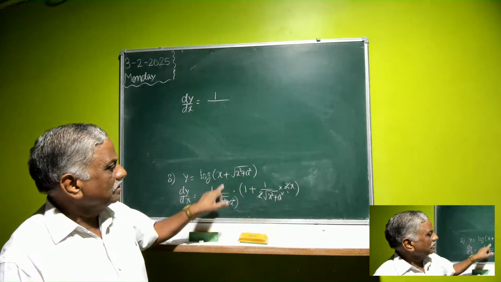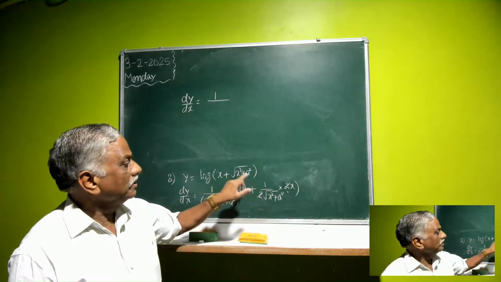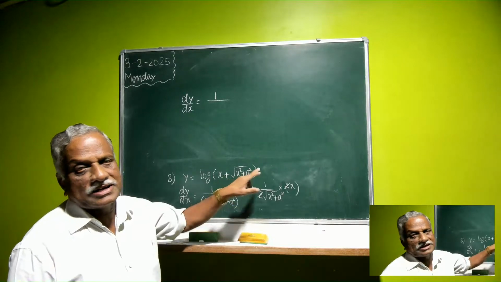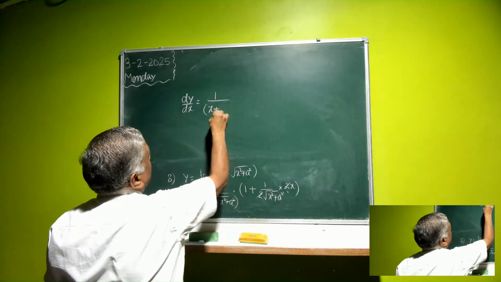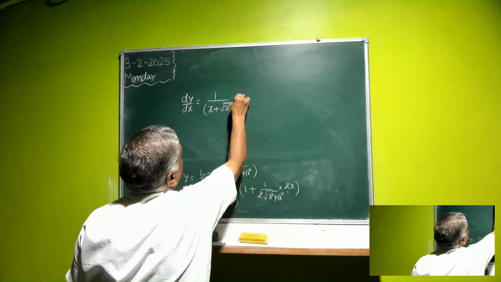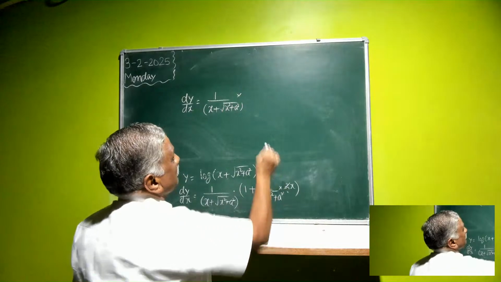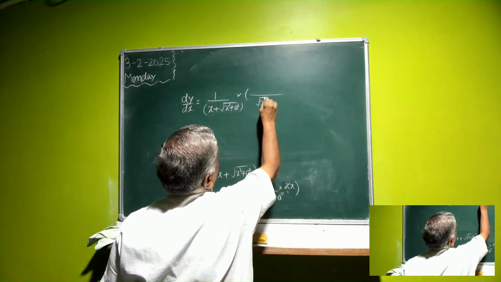Log is this, derivative of x is 1. Root is there, 1 over 2 root. Then enter inside, x square gives 2x, a square is 0. Next part is simplification. x plus root of x square plus a square, you write as it is. Now we should take the LCM here. The LCM is root of x square plus a square.